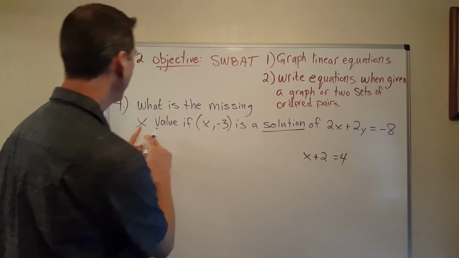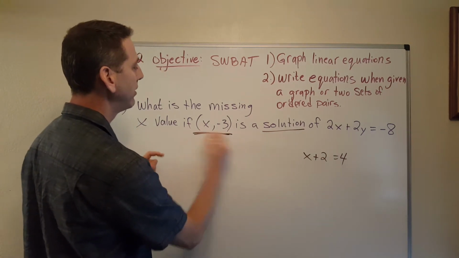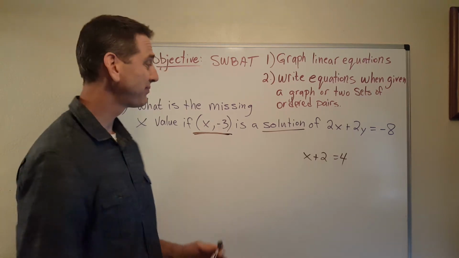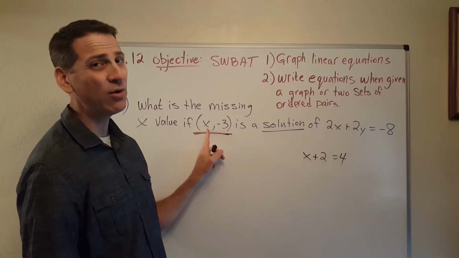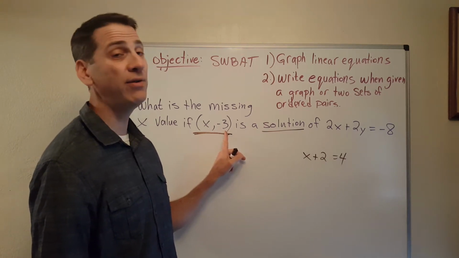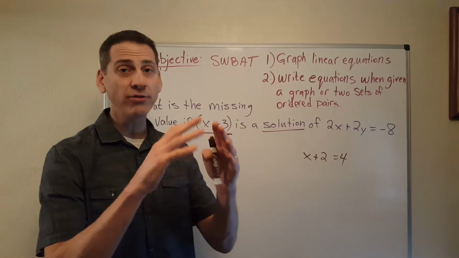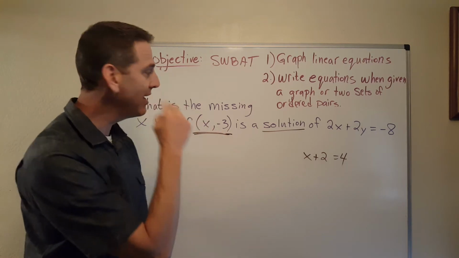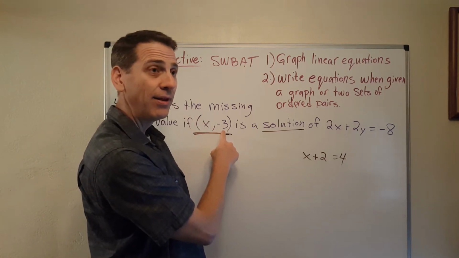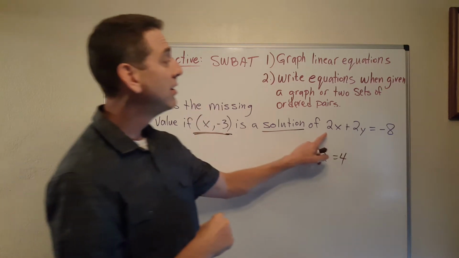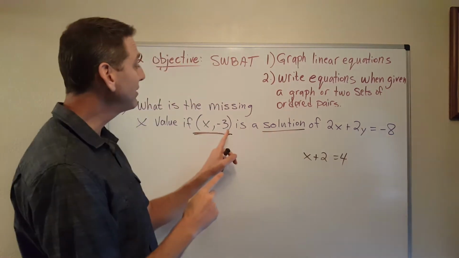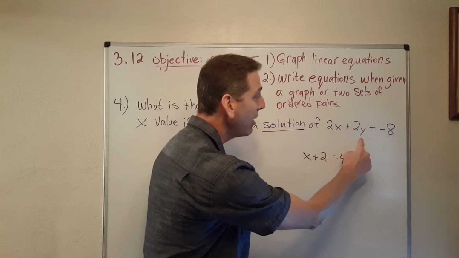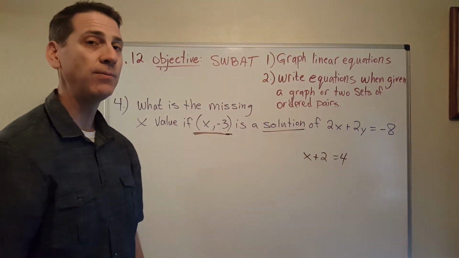What they're giving you is an ordered pair, but only half of the story. They're not going to tell you what x is, but they will give you y. Remember, an ordered pair is always x and then y. So negative 3 is the y coordinate, the value of y that makes this equation true.